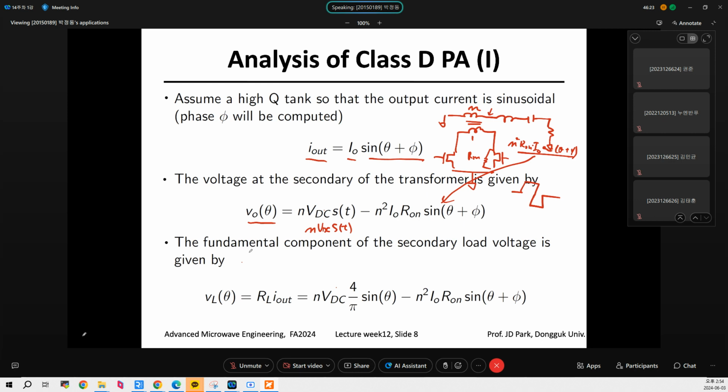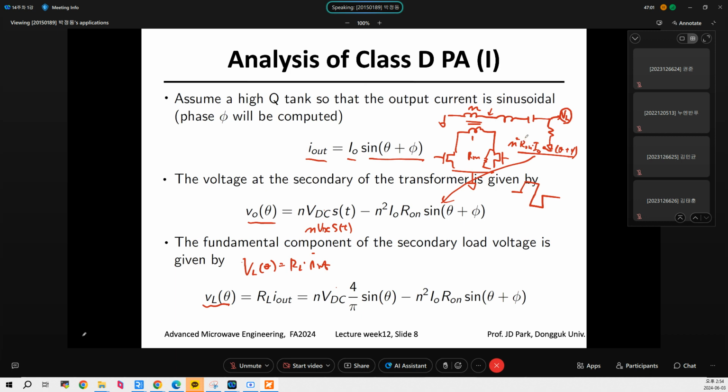So from this line, the fundamental component of the secondary load voltage, as we've seen before, V load is RL I out. After this there is a series resonant network, and this is VL, so it has only the omega zero term.